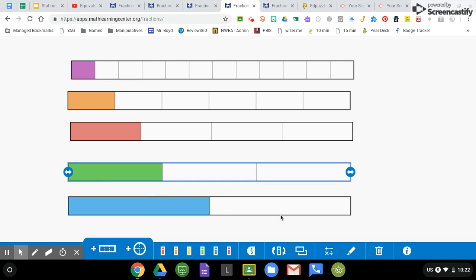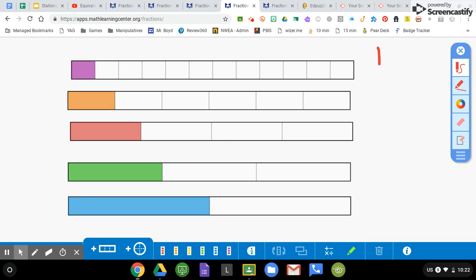What fractions are these, though? Well, in purple, I have 1 shaded out of 1, 2, 3, 4, 5, 6, 7, 8, 9, 10, 11, 12. That's 1/12. In orange, I have 1 shaded out of 1, 2, 3, 4, 5, 6. That's 1/6.